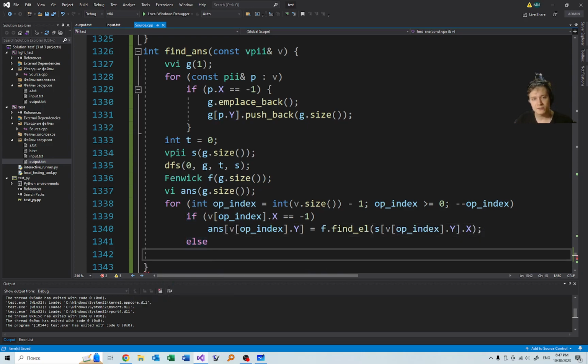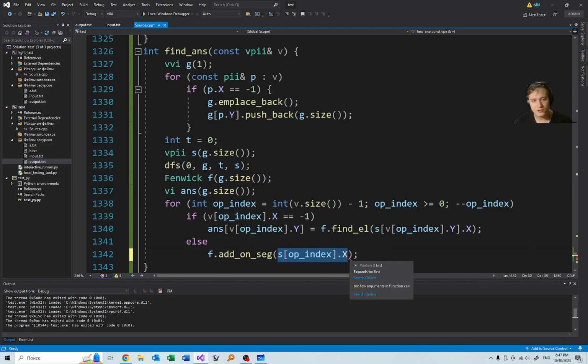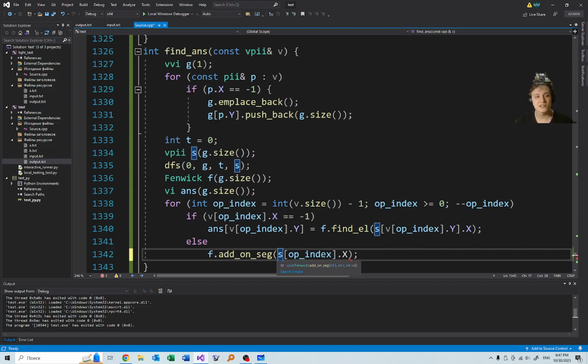Else, we need to add to a subtree. This should be quite easy. We add on segment from s[op index]. So this is our vertex in initial enumeration. We need to find its segment. I messed up again.